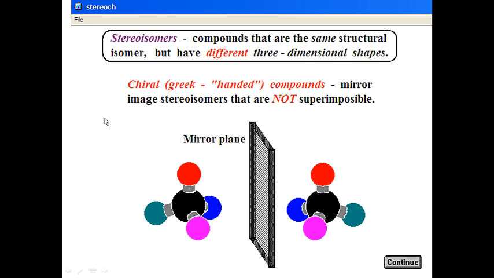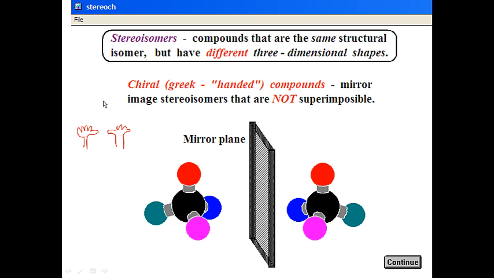Okay, an example of chiral molecules, and I don't have a picture here, so I'll have to draw a crude version, are hands. These are sort of warped hands that I suppose look like birds. Anyway, if you have your left and your right hand, they are mirror images of each other. If you hold them up, you'll see that they're mirror images, but they're not superimposable.